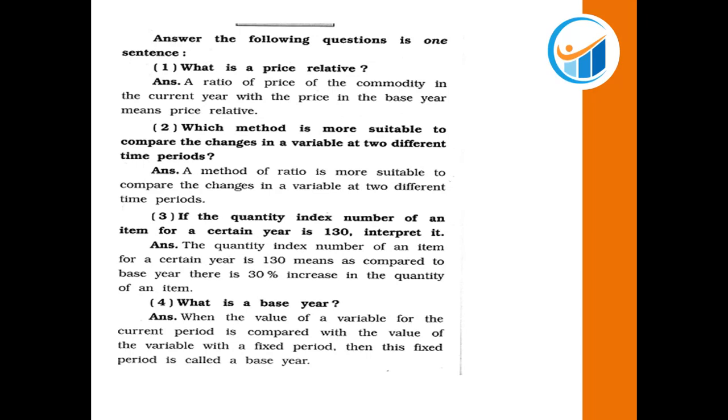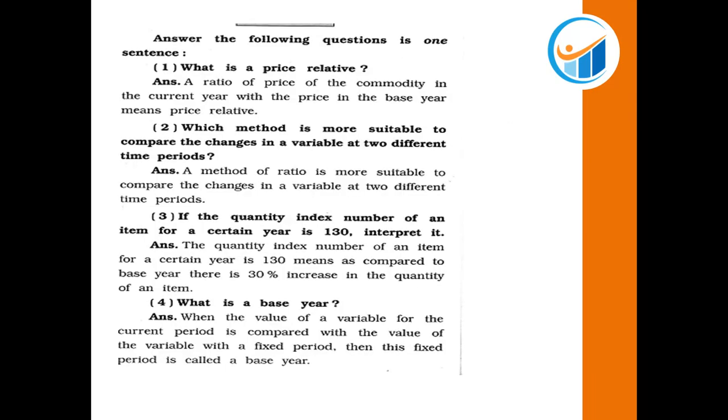One by one, according to section B of the textbook, the 1 marker questions are given chronologically in your textbook. You see that 18 VSQs are given, to be answered in 1 or 2 sentences each. One by one I will try to explain that to you.